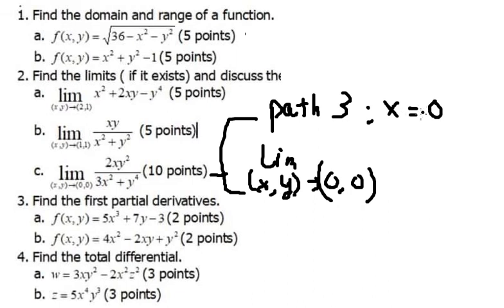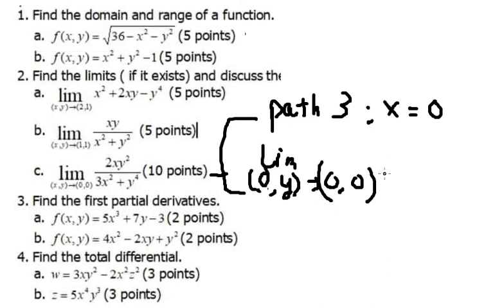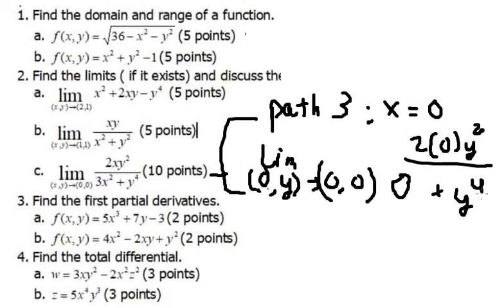So when x goes to 0, this one goes to 0 in here, and you got 2 multiplied by 0, y squared. This one goes to 0, y to the power of 4. So this one you got 0.